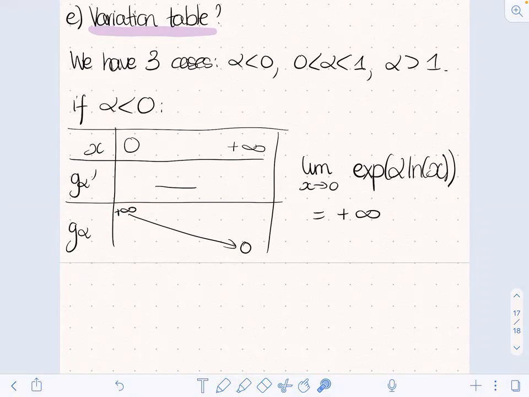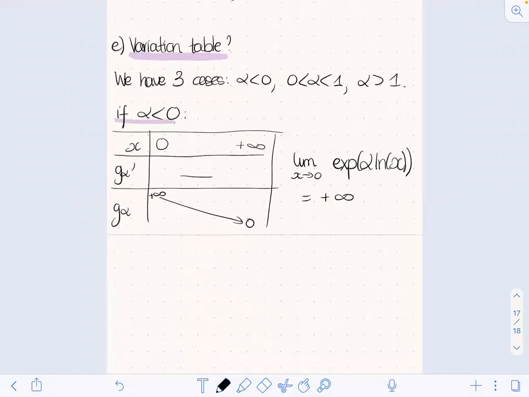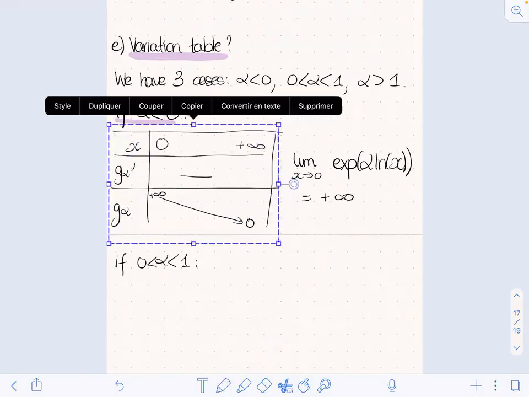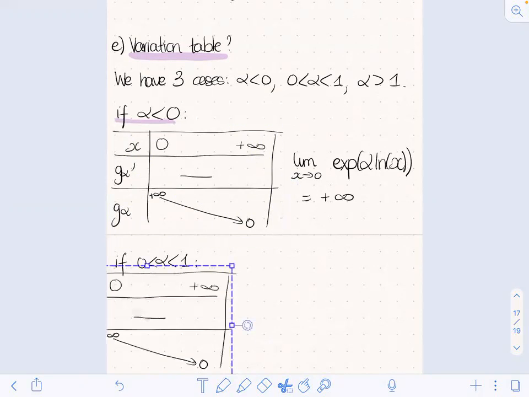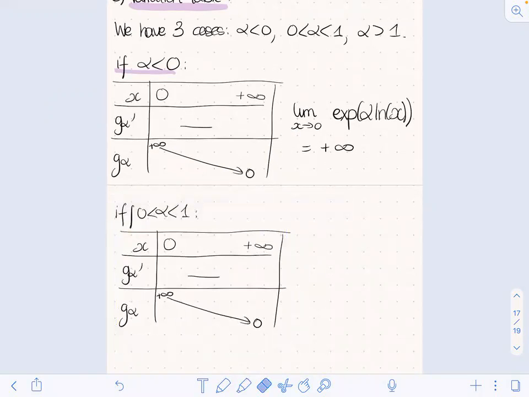And then we've got 2 other cases. We'll keep the 2 different cases here. What's going to happen in the 2 other cases is that the variations of the function, as they're given by the sign of alpha, which is positive, are going to be the same, but we'll see that the behavior of the function isn't quite the same.